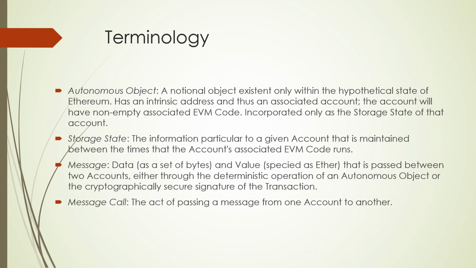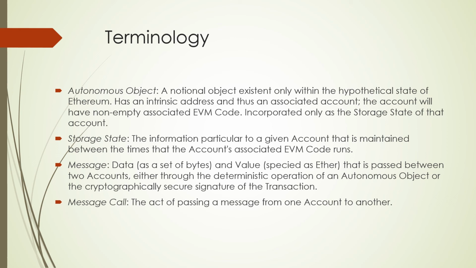Next, we define autonomous object, which is a notional object existent only within the hypothetical state of Ethereum. It has an intrinsic address, and therefore it has an associated account.